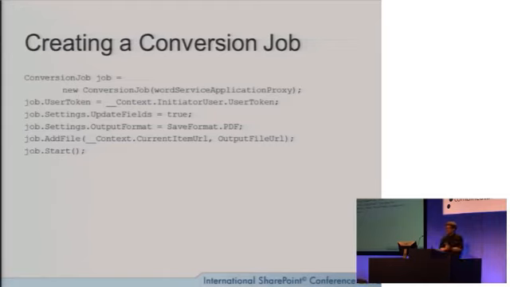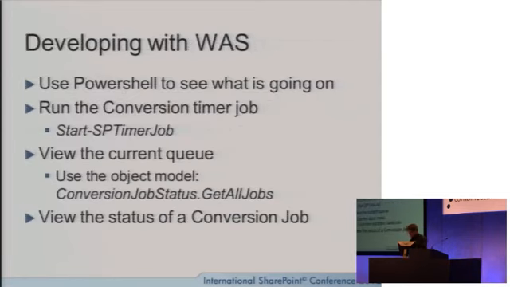So pretty straightforward code. Create the job, change some settings, add the file, and kick the job off. So PowerShell, I find I use all the time if I'm doing custom development in Word Automation.